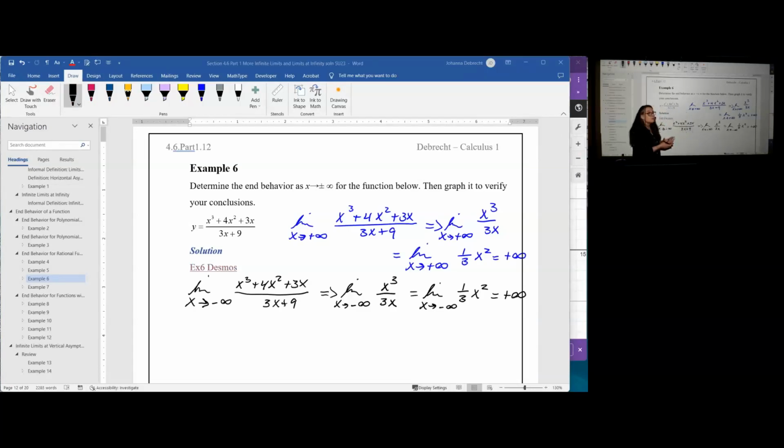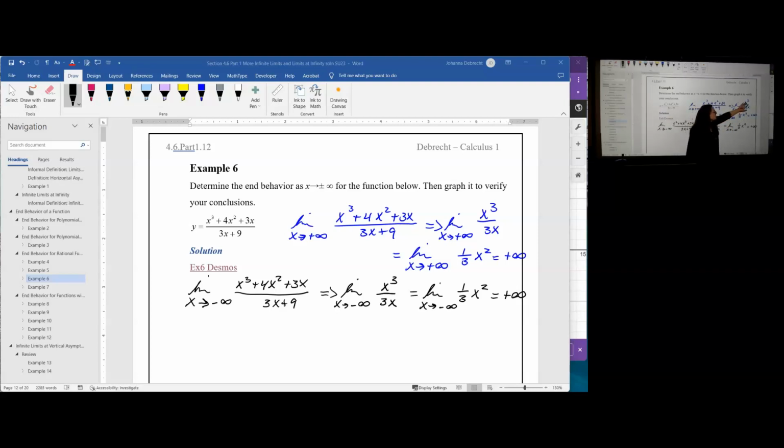In this problem, we have what I call a top-heavy rational function. The degree of the numerator is 3, and the degree of the denominator is 1. That means that when this graph approaches the ratio of the highest degree terms, it's top-heavy. There's more power on top than on bottom, so the top is going to pull it in that direction.